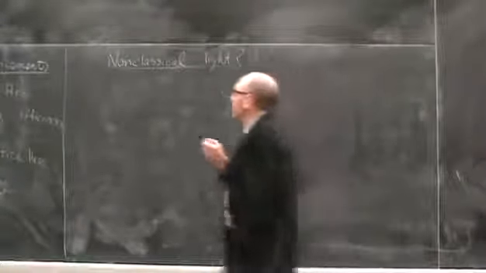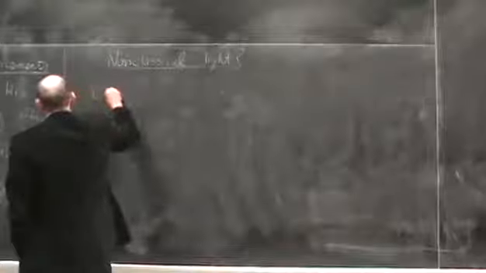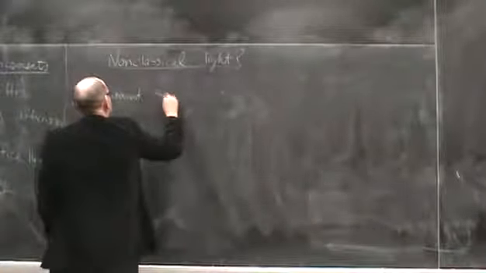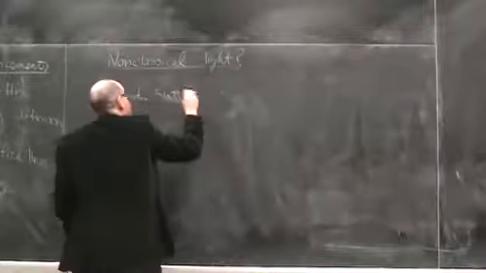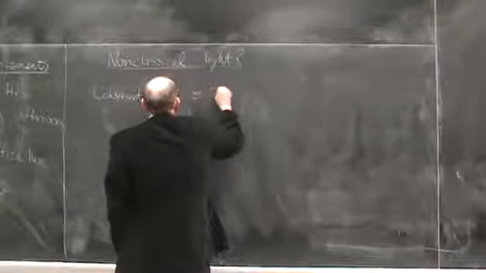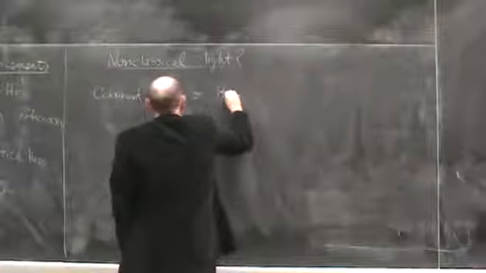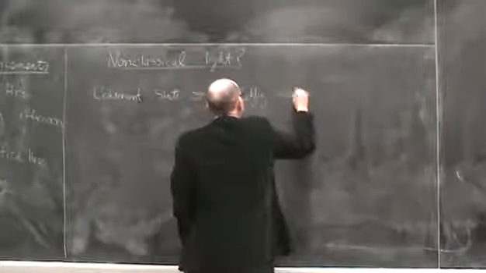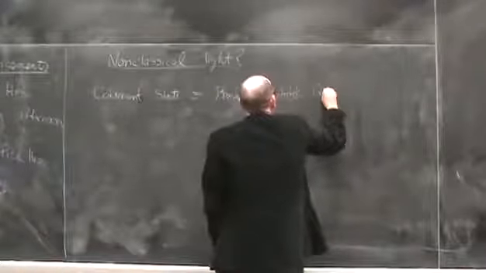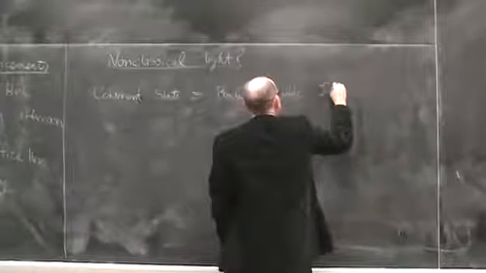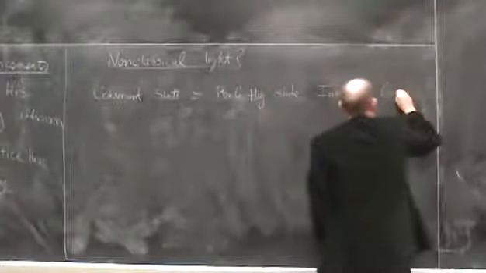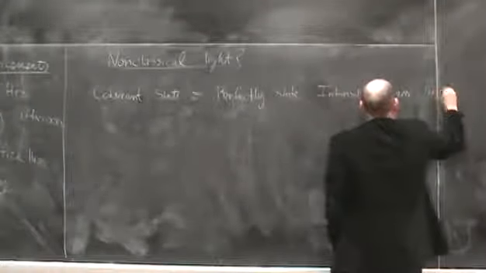What we have discussed, what we said, was that a coherent state is the state of the quantum field that is equivalent to having a perfectly stable intensity or wave.